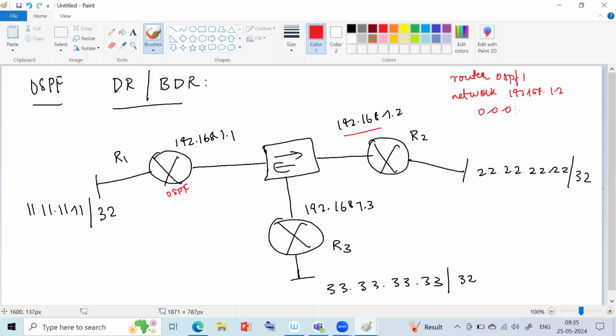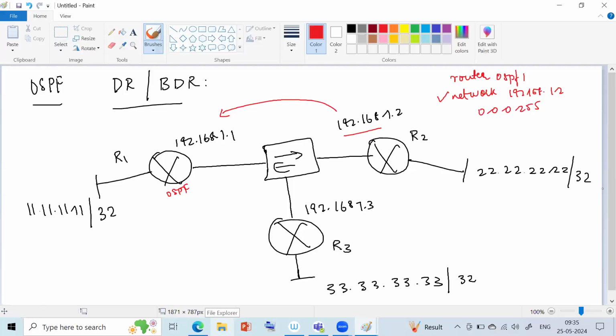Wildcard mask is 255. So the moment you give this command, network 192.168.1.2 and enter the wildcard mask, this neighbor will be established.